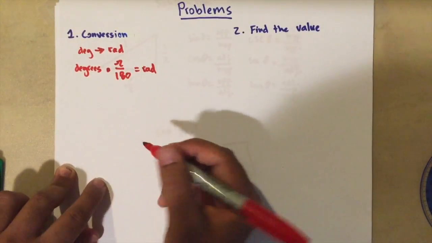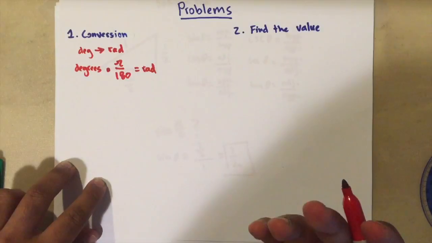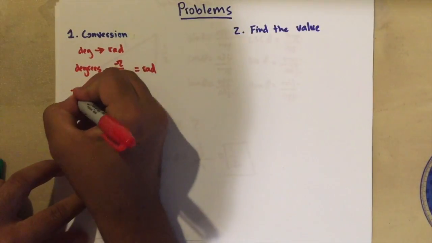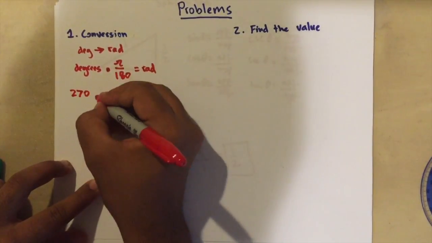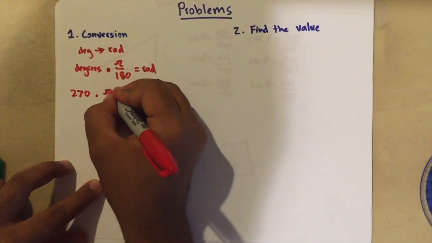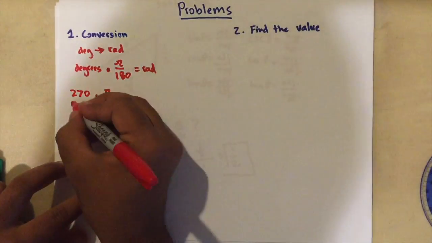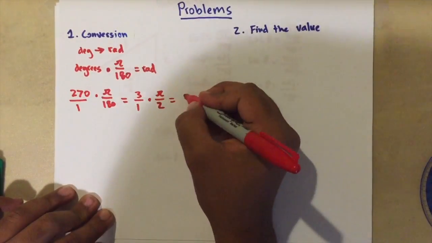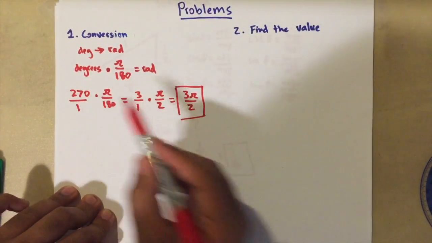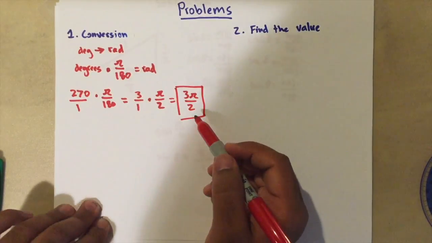So a quick example for that would be, let's just say you choose 270 degrees. So 270 degrees, we're going to multiply that by pi over 180, like using the equation up there. So 270 degrees equals 3 pi over 2 radians.